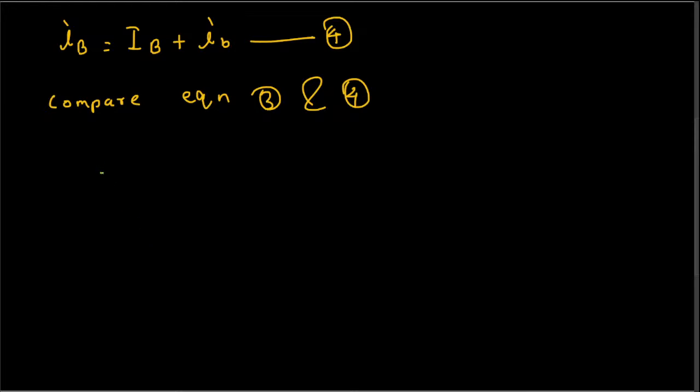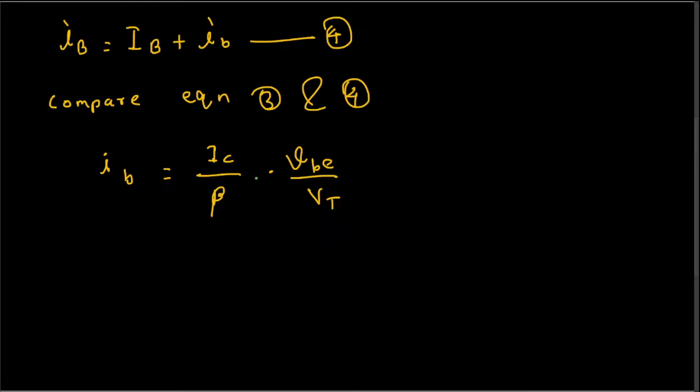And this small AC part of it is nothing but IC over beta times VBE over VT. Okay, we derived this in the last video. I did it in the last video.